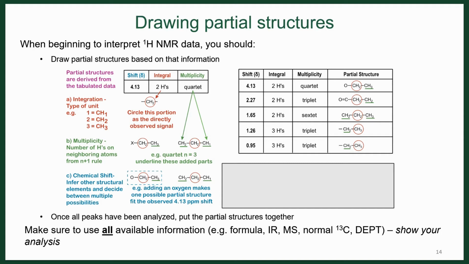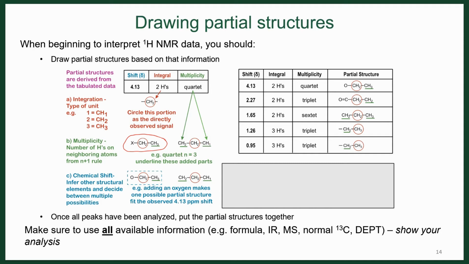And then we have our partial structures. We have 2 possibilities for this partial structure. We could have a CH2 group adjacent to a CH3 group, which would give our quartet that we've observed with this signal. Or we could have a CH2 group next to a CH2 group, and on the other side, a CH group.